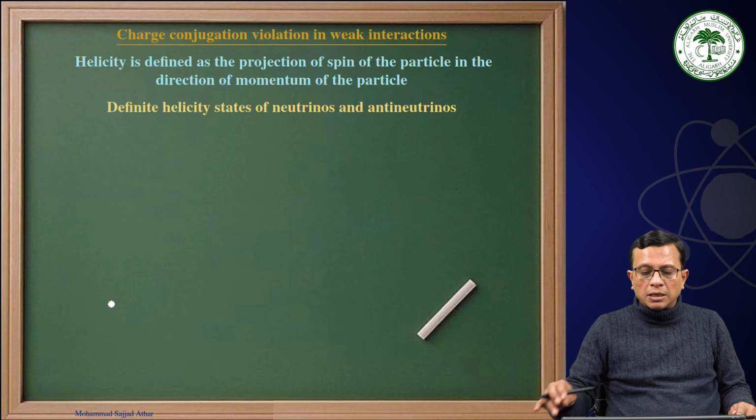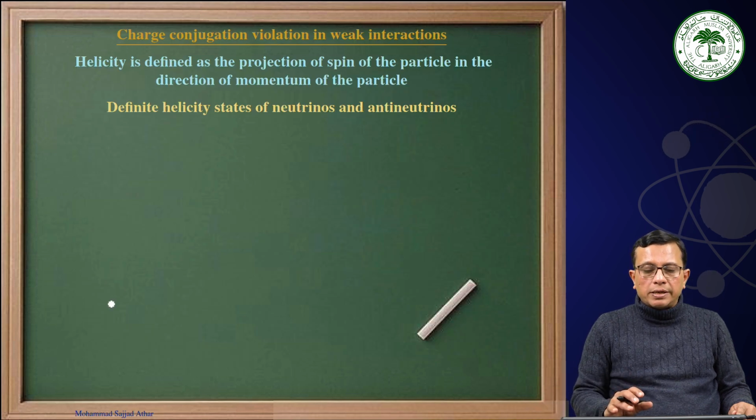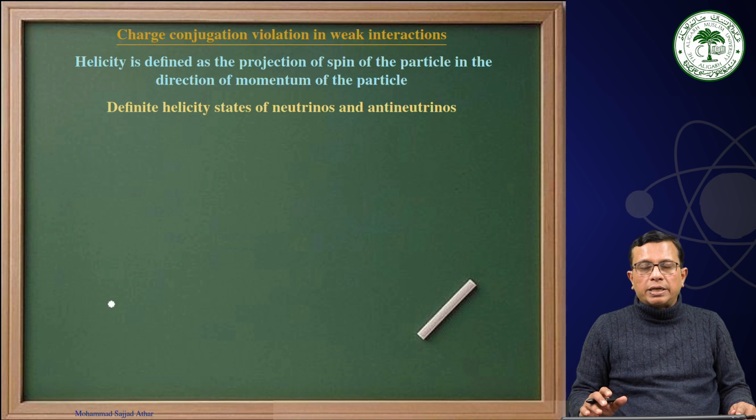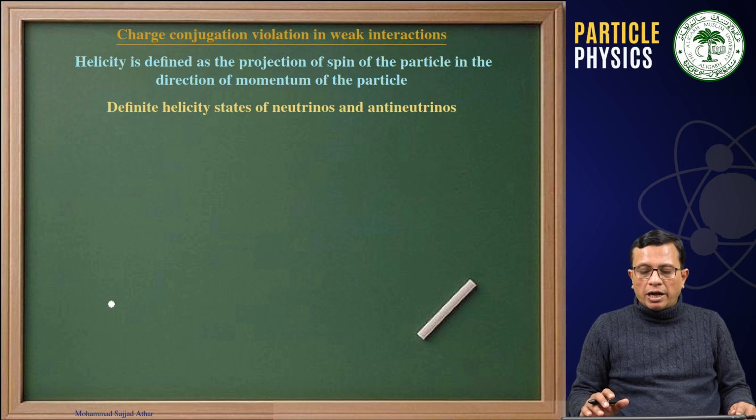Now after that, what we discussed in the class was about the charge conjugation violation in weak interaction, and what I had told you that all neutrinos are left-handed and all the antineutrinos are right-handed.